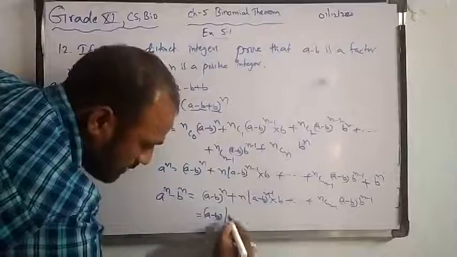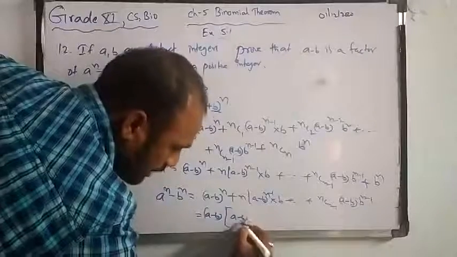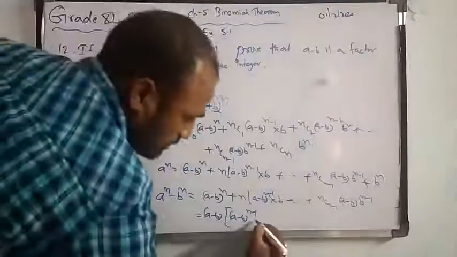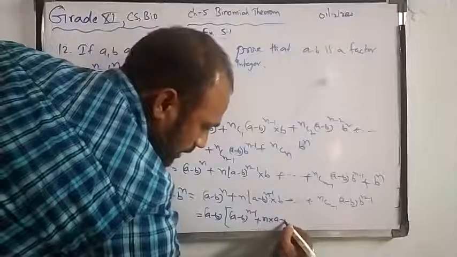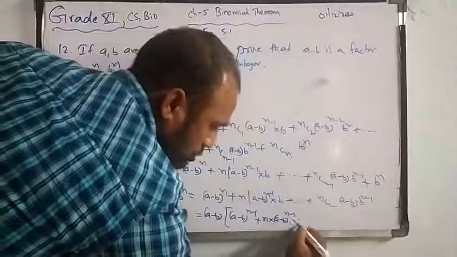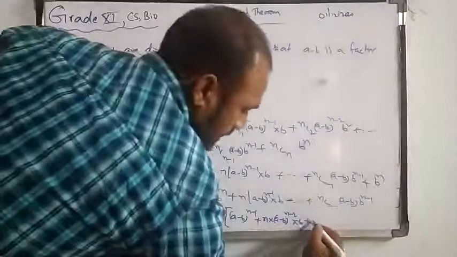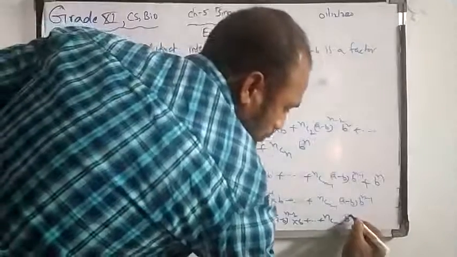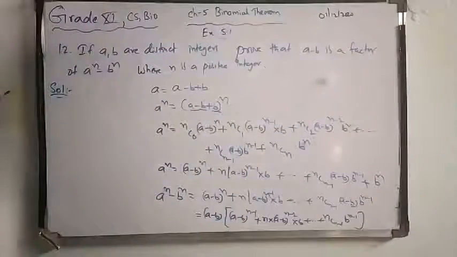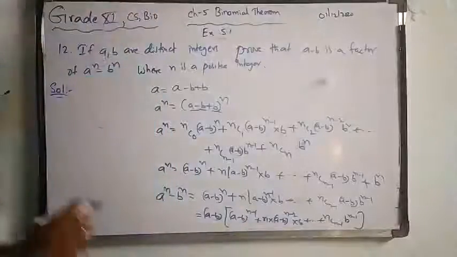If I take a minus b as common, here it is left with (a minus b) whole to the power of n minus 1 plus n into (a minus b) whole to the power of n minus 2 into b plus and so on plus nC(n minus 1) into b to the power of n minus 1. This total I will treat as m.